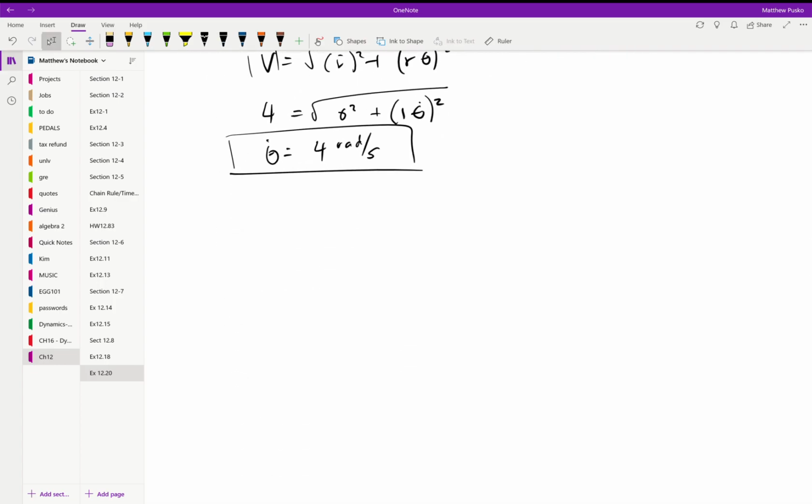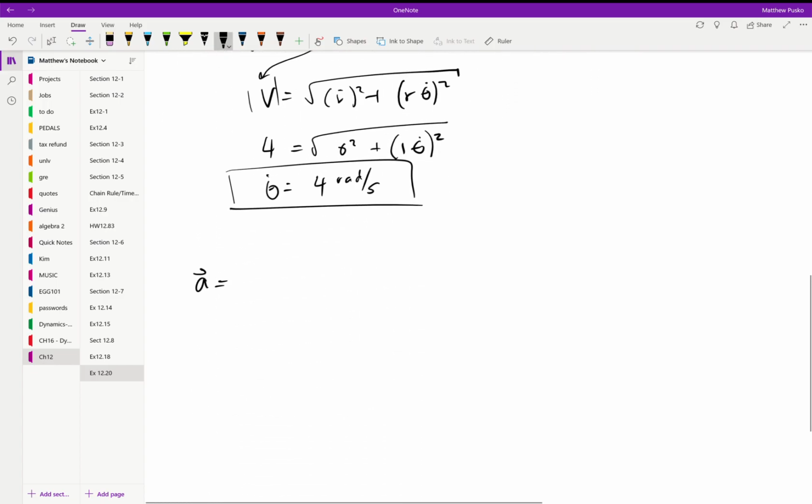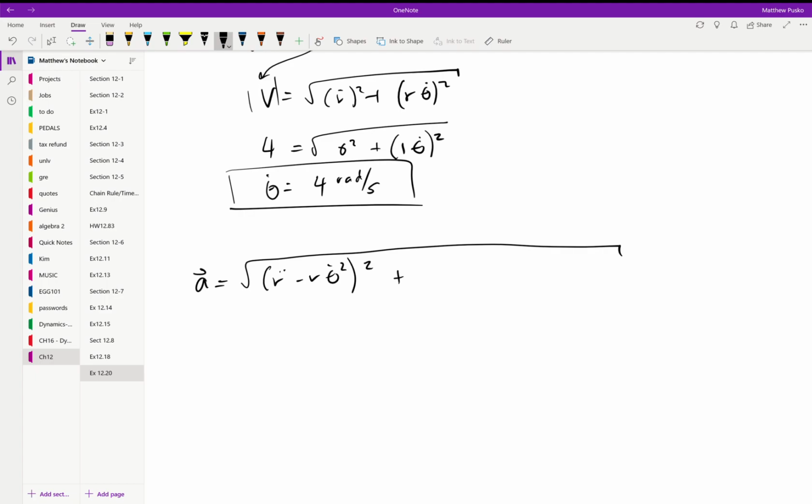And so we can take it one step further. The acceleration, we went ahead and took derivatives. I recommend going all the way down to the second derivatives. The acceleration would be equal to the square root of r double dot minus r theta dot squared, all squared. Don't forget that second squared.